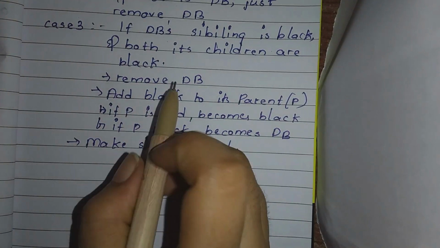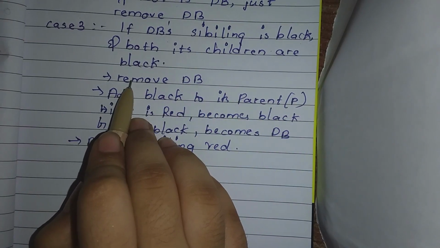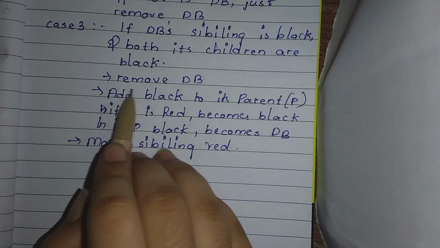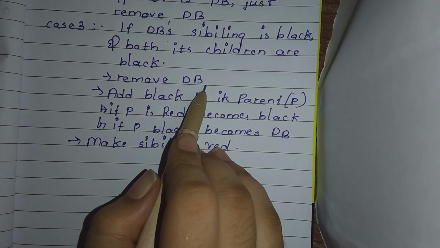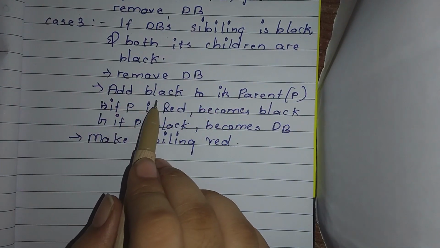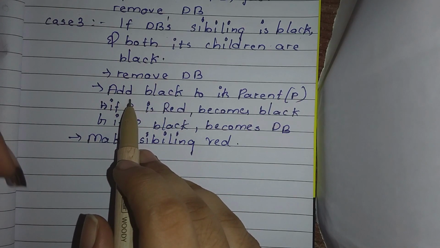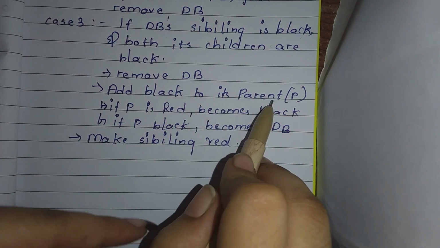So if the double black's sibling is black and both its children are black, remove the double black and add black to its parent. If you remove the double black, the extra black is taken by the parent.